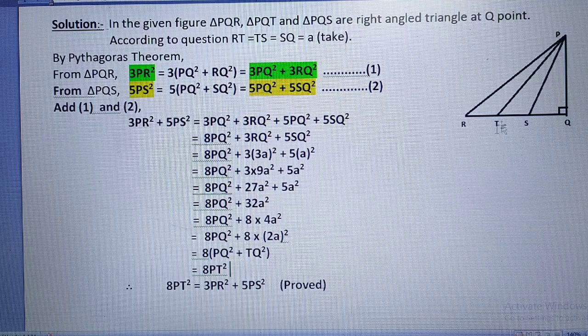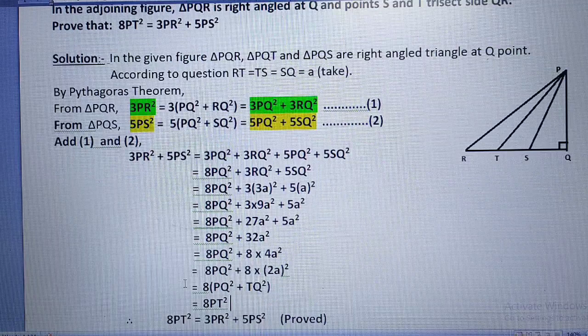So 8 bracket PQ square plus TQ square is equal to 8PT square. Therefore 8PT square is equal to 3PR square plus 5PS square. Hence it is proved. This is question number 3.